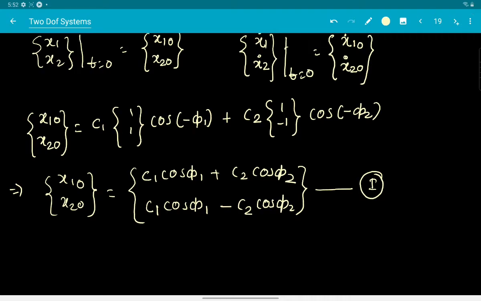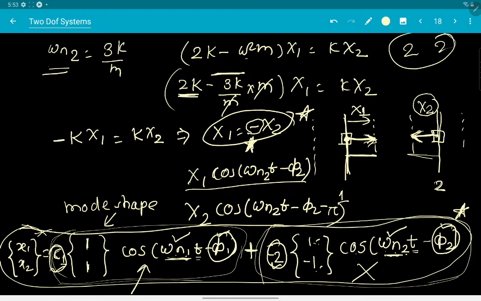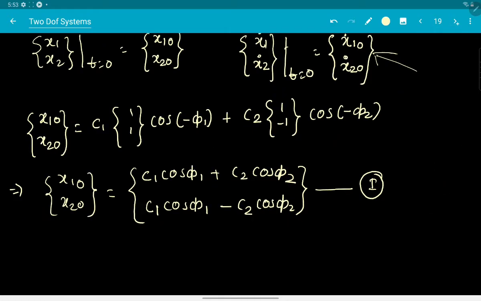However, I also have these conditions on the velocity, so I will have to differentiate this set of equations with time. If I differentiate it with respect to time, I'll get velocities over here. c1 is independent of time. This is the 1 1 vector, which is a mode shape vector, which is independent of time. That mode shape is always going to remain as is.